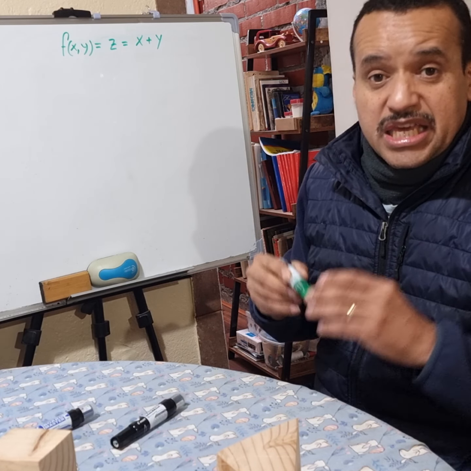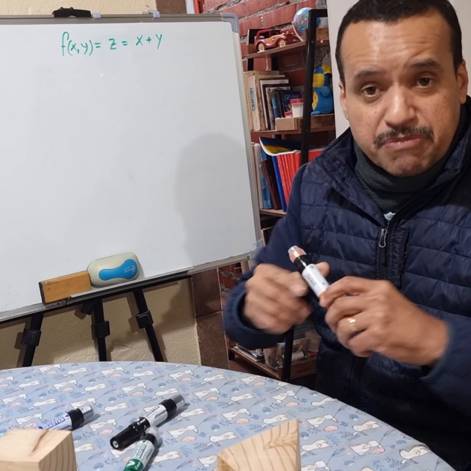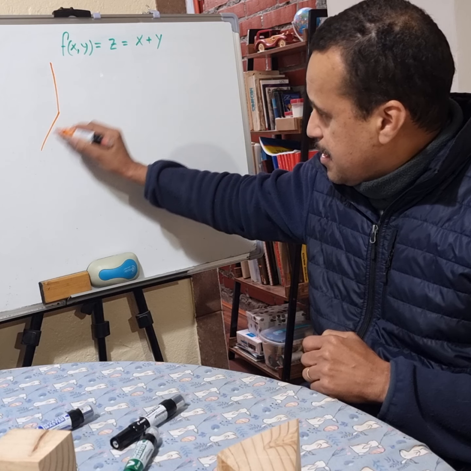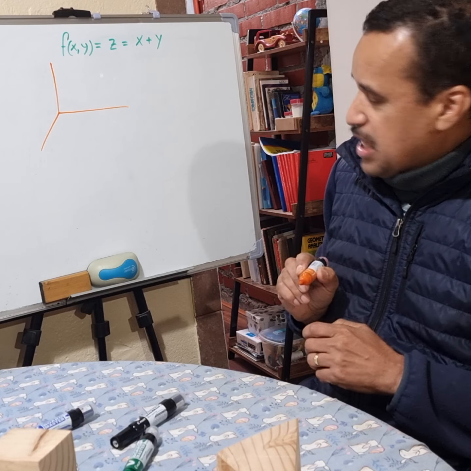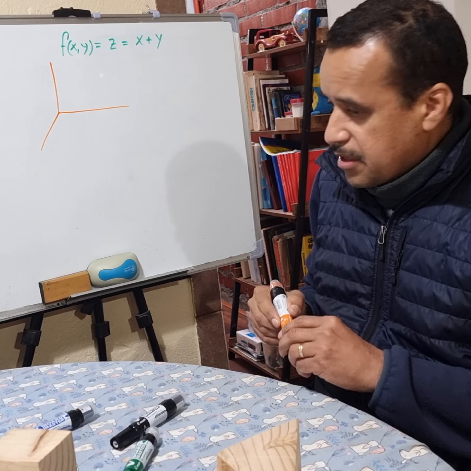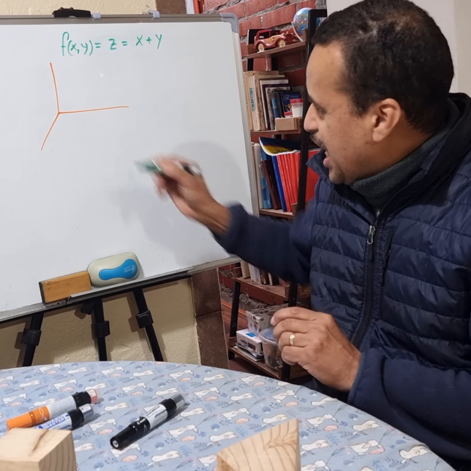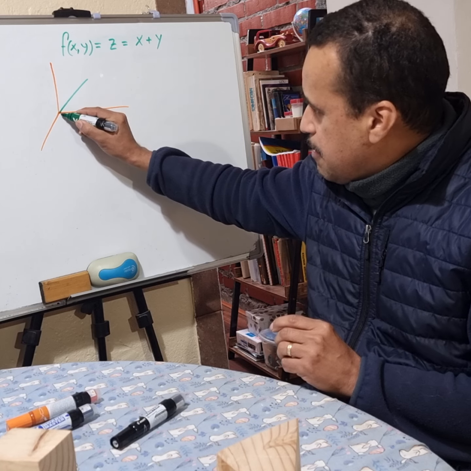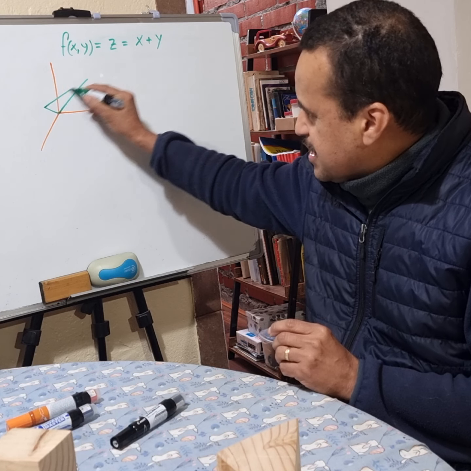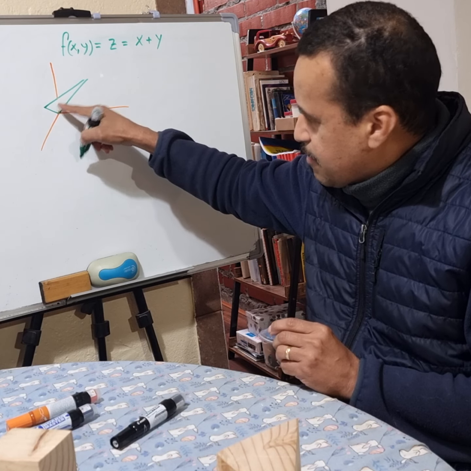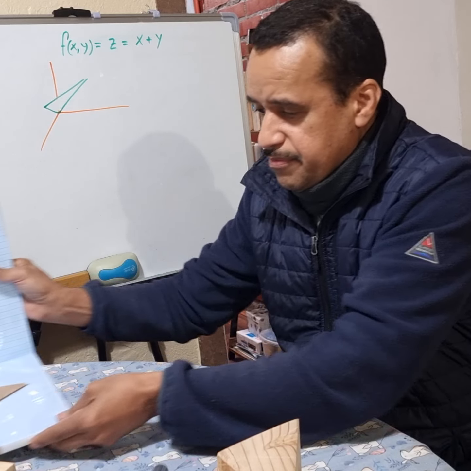And it has the following representation in the right-hand three-dimensional coordinate system, which is an inclined plane passing through the horizon, and we prefer to illustrate that function with this construction.